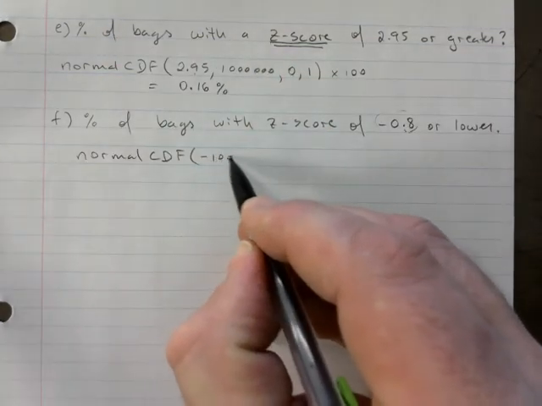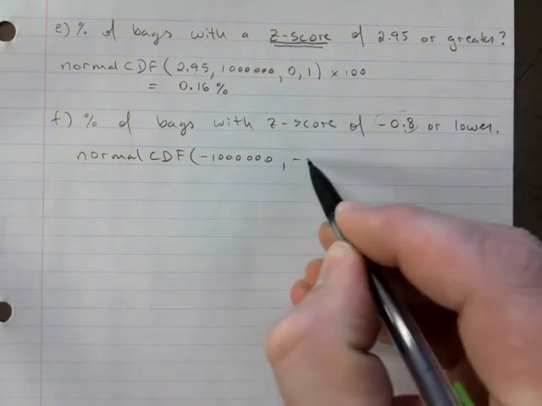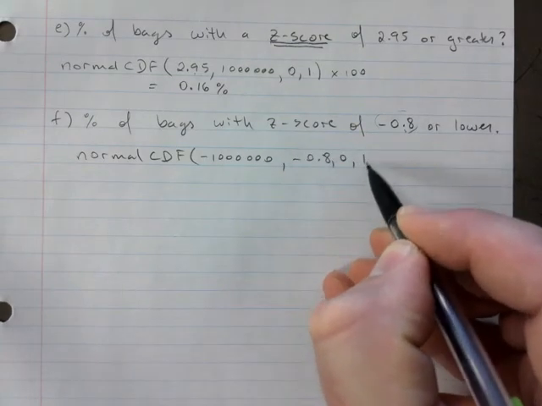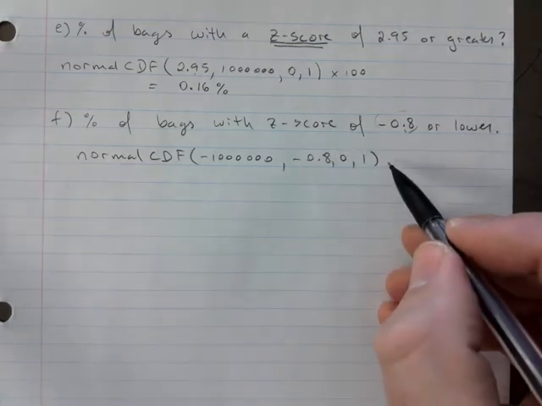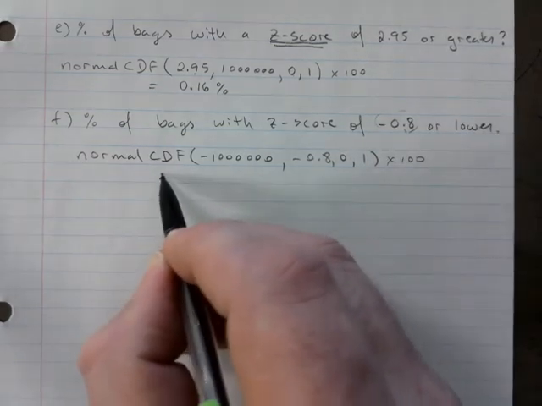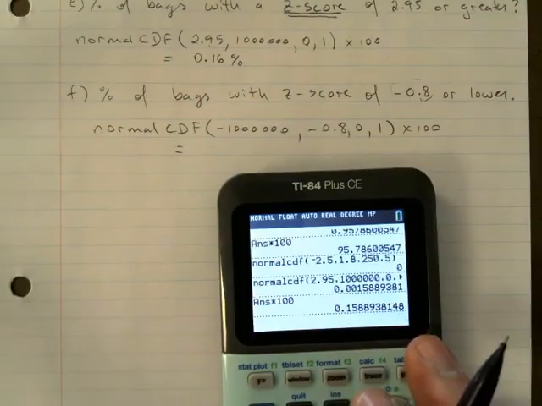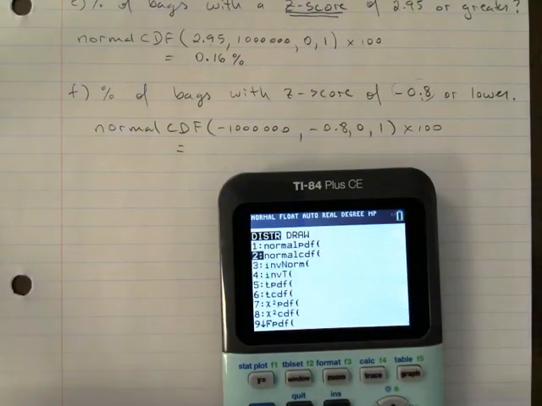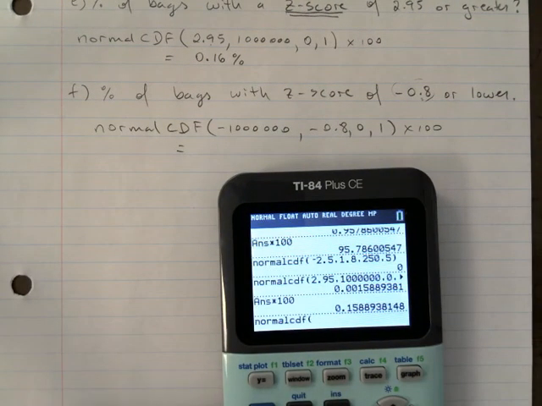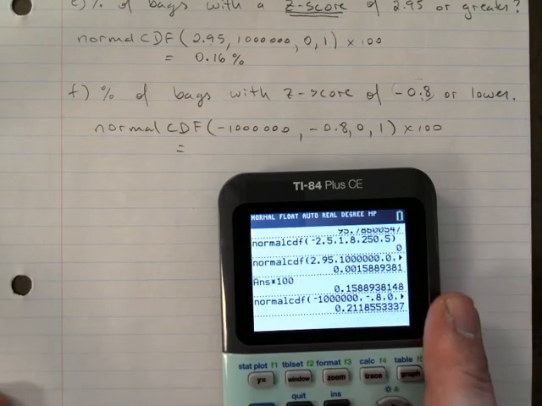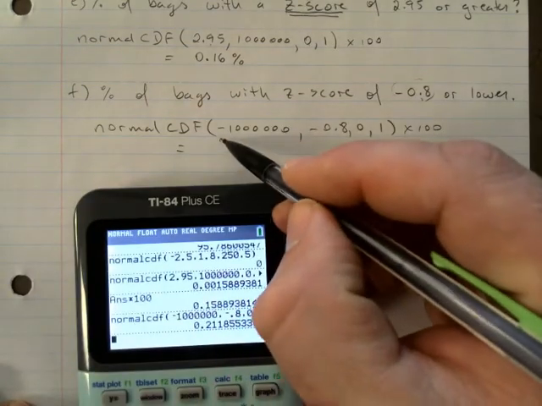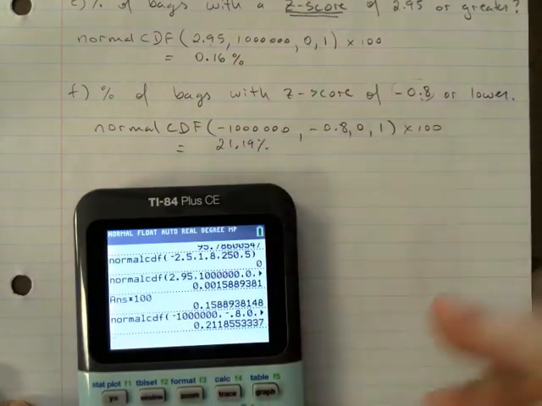So you're going to go minus 1 million, negative 0.8, 0, 1, because we're talking z-scores. And then it's 21.19 if I multiply that by 100. Boom.